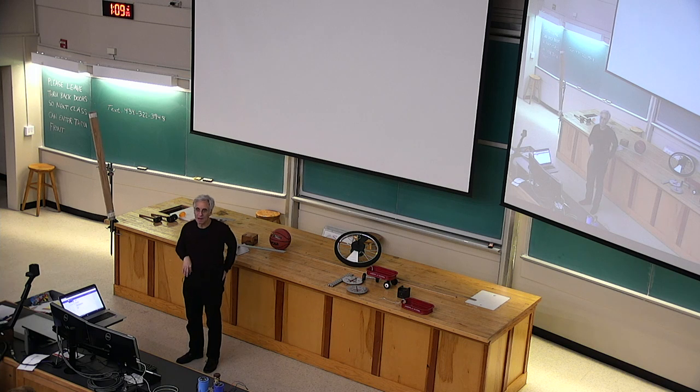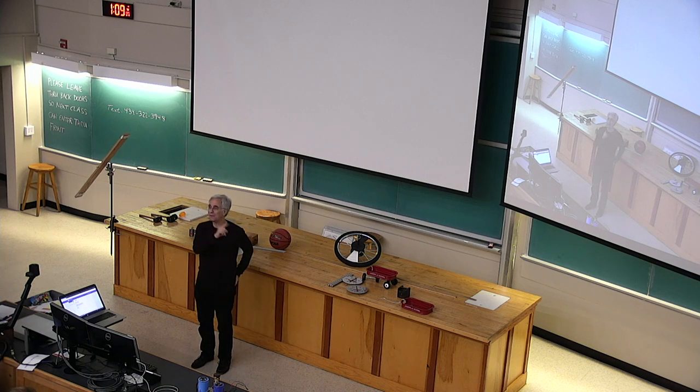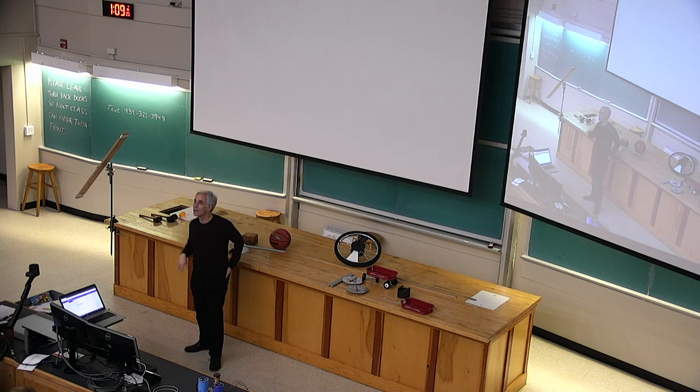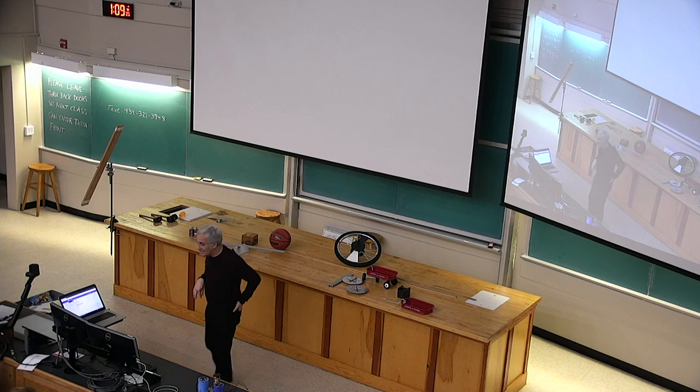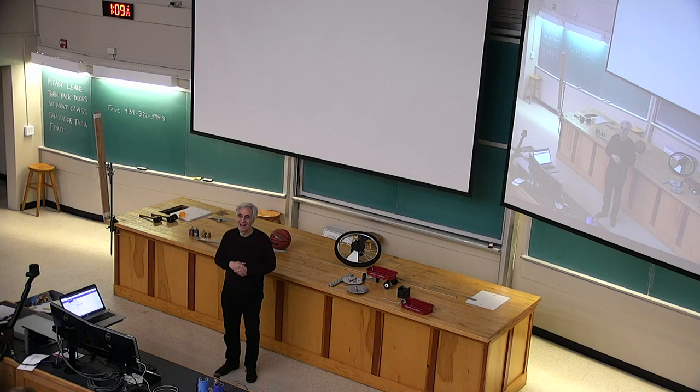It doesn't twist the bar, and that's where I'm heading now, is that weights, which are forces, can produce torques on things. Even though a force and a torque are different, a force is the influence that causes acceleration. A torque is the influence that causes angular acceleration. You can produce one with the other, and that's where I'm going. So weight, the weight of the board, can produce a torque on the board.